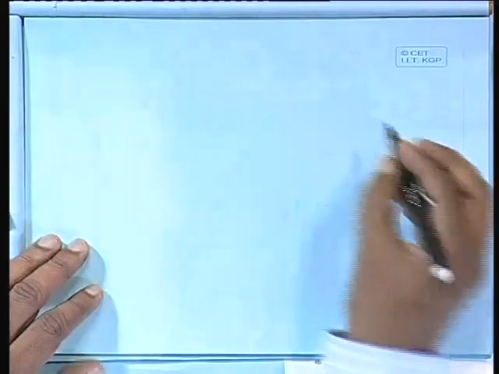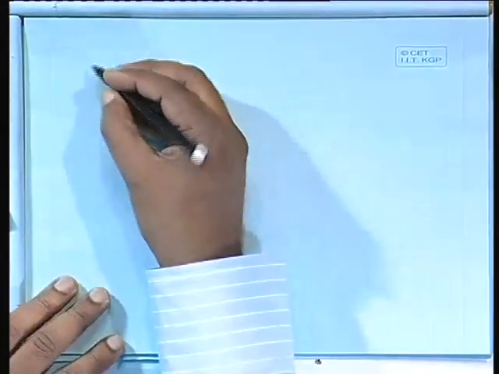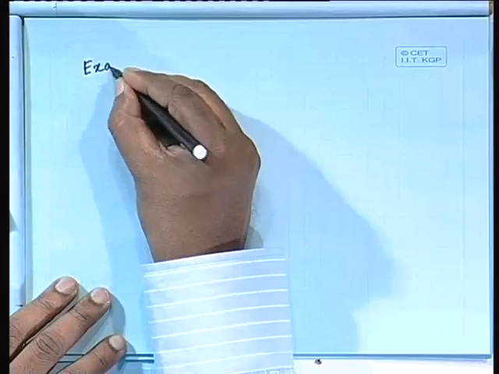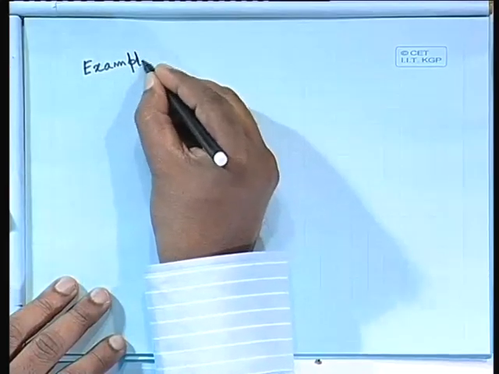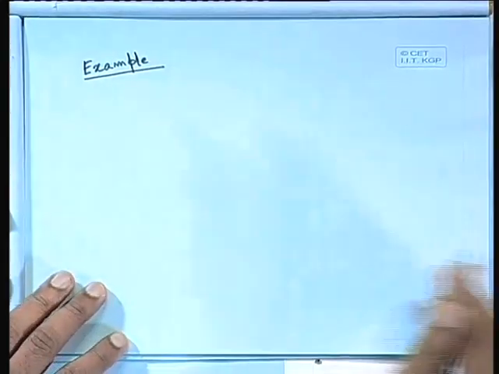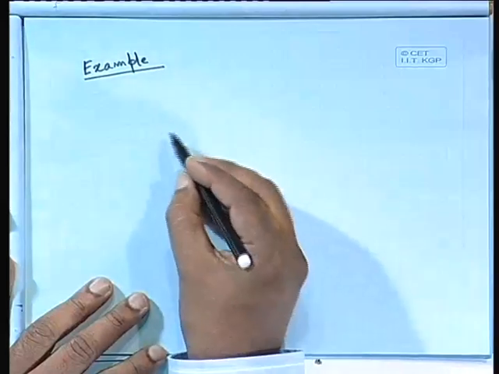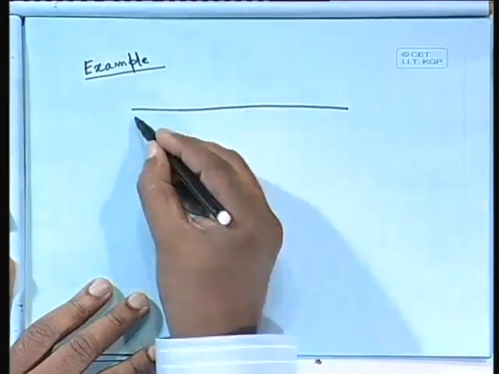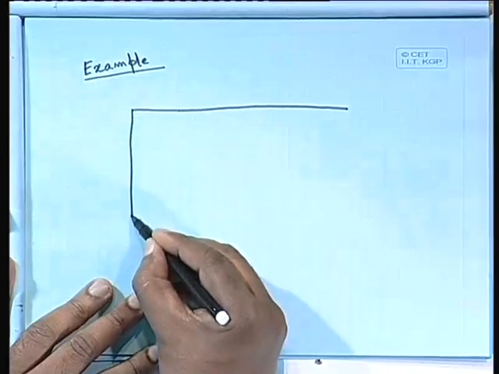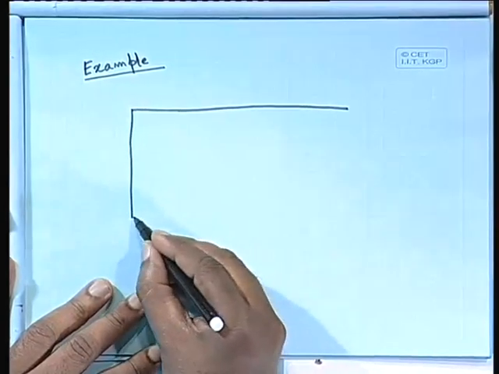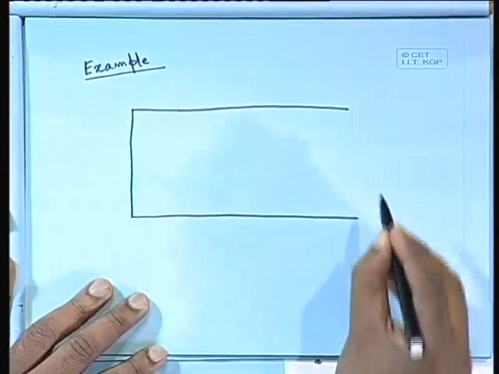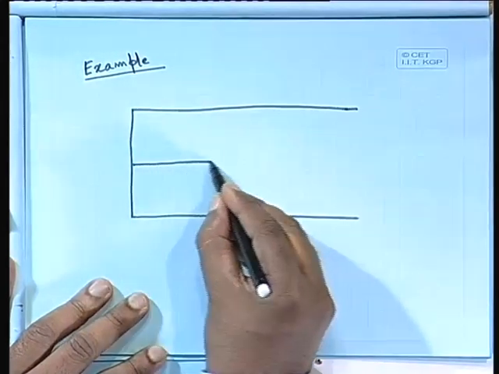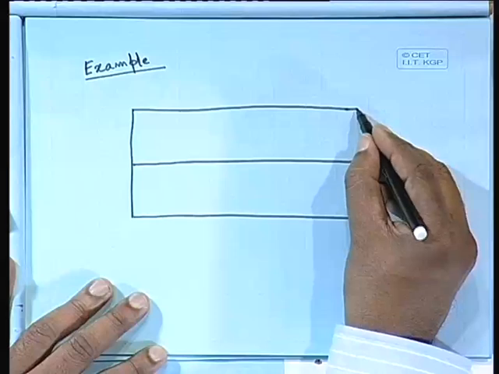So let us take at least one example problem for a two-way slab with so many cases. Let us take just one case.